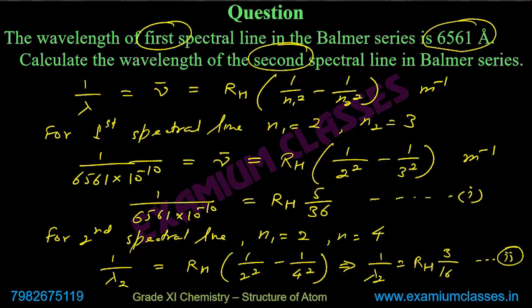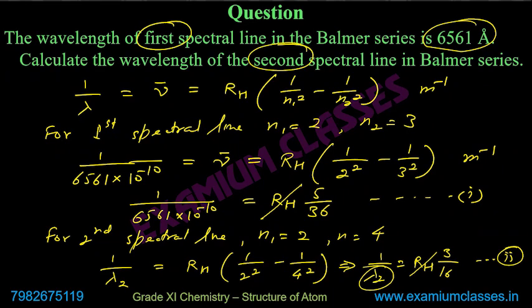Now 1 and 2 you can divide. RH will get cancelled, and you will get the only unknown, lambda 2. Remember, lambda 2 here you will get in meters.